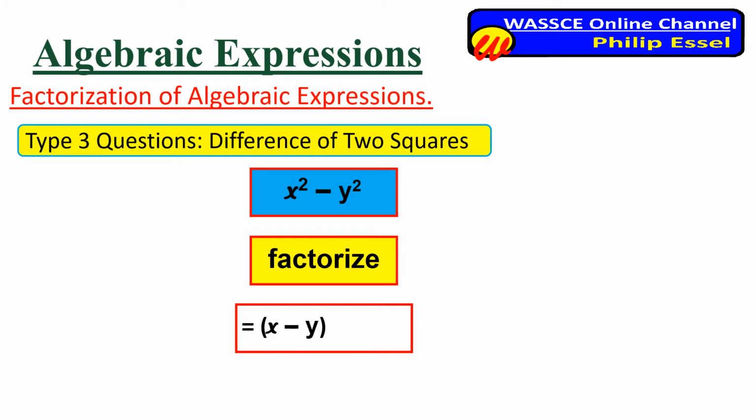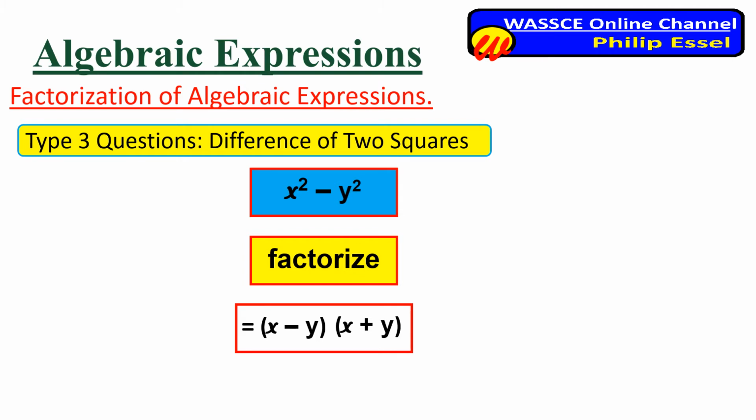You would then multiply that by the sum of those same two items we are looking at. Since the two items are x and y, their sum will be x plus y, all in brackets, and it will be multiplied by x minus y, also all in brackets.